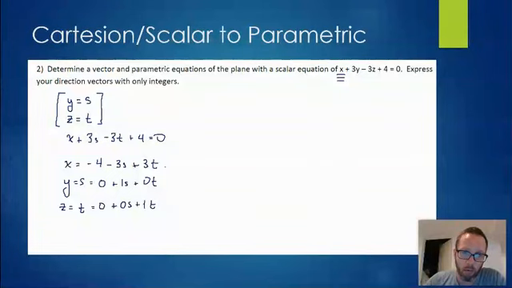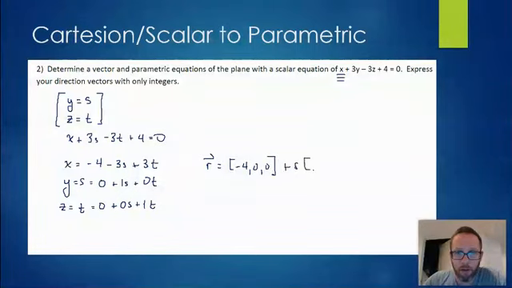And then we only had to solve for what the very first value was. And so we did that, and our vector equation would then be negative 4, 0, 0 plus s times negative 3, 1, 0 plus t times 3, 0, 1. And we've got it.